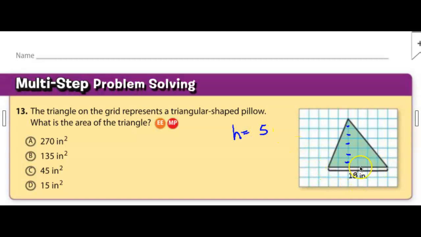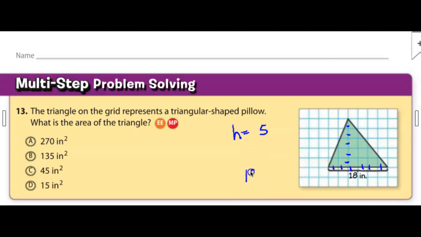Okay, so if the height is equal to 5, here's what is confusing. Are these actually 18 squares? Yes or no? This says it's equal to 18, but is this 18 squares? Go ahead and count. How many squares is that? That's only 6.